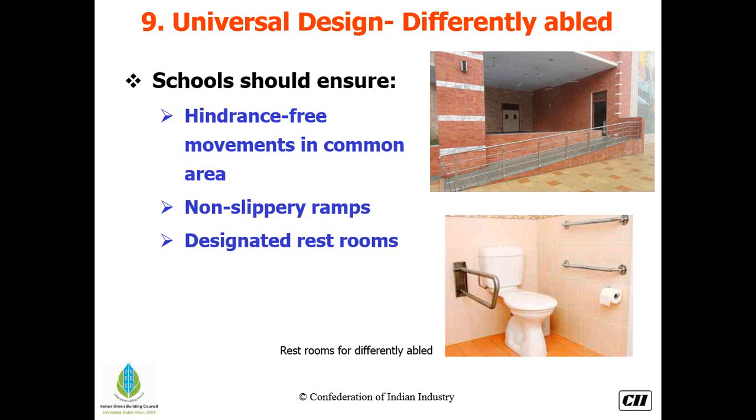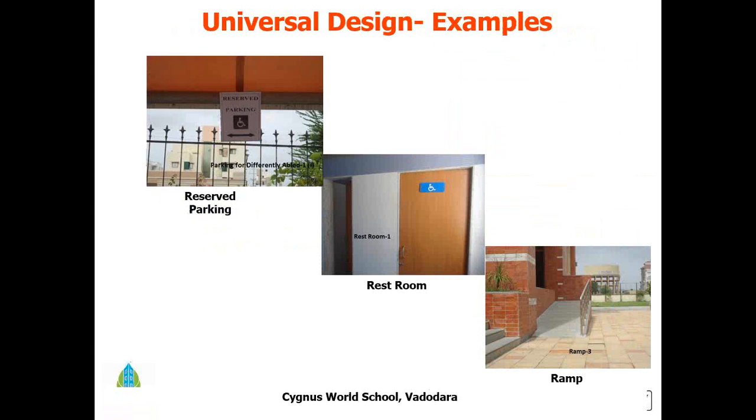If you have ramps, please keep them so that they can even take wheelchairs up the ramp and come inside the building. Please provide designated restrooms so that they can use them comfortably. These are a few design criteria you have to implement for differently abled people.